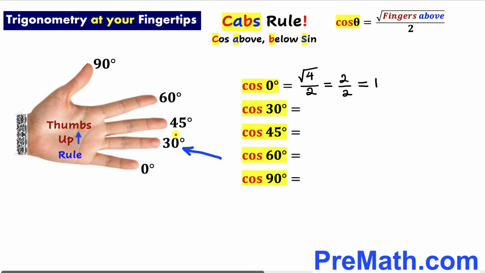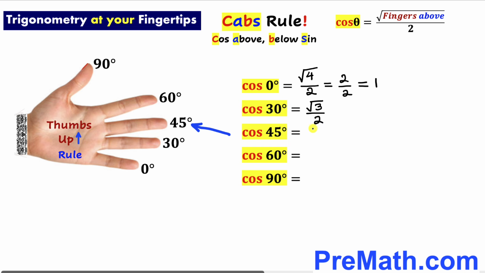And now we are going to calculate the value of cosine of 30 degrees. And we can see there are 3 fingers above this 30 degrees. So therefore, cosine of 30 degrees is going to be simply the square root of 3 divided by 2. And now we are going to calculate the value of cosine of 45 degrees. We can see we got these 2 fingers above this value.